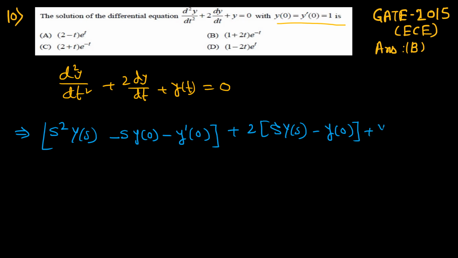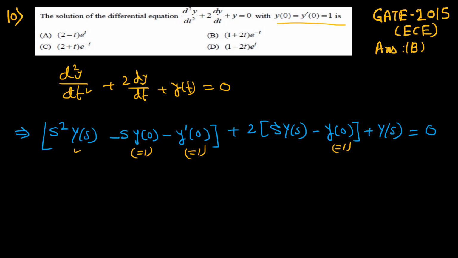And this is your capital Y of s, and the right side is 0. Okay. Now this is given as 1. This is also given as 1. And this is also given as 1. So we just replace all those things.